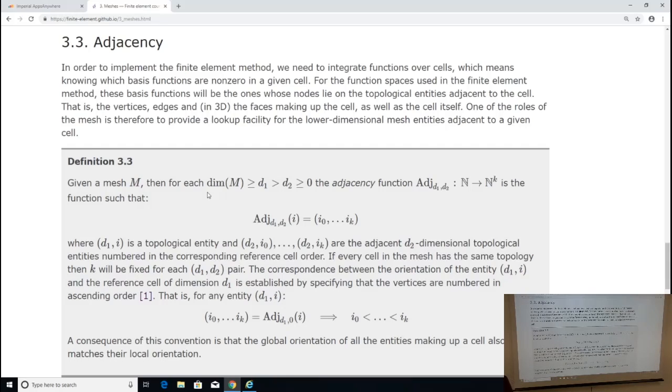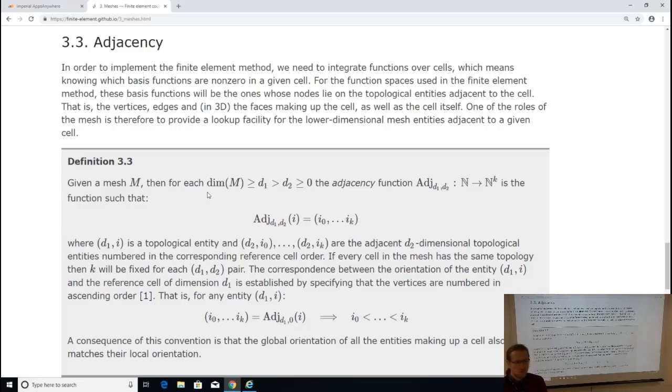It gets more complicated, and the reason is that if you've made the assumption that your mesh is composed of cells of exactly one sort of topology, so cells made of triangles, for example, then it's always the case that there's a fixed number of things of dimension lower than you next to you. So a triangle has 3 vertices and 3 edges. An edge has 2 vertices, no matter what.